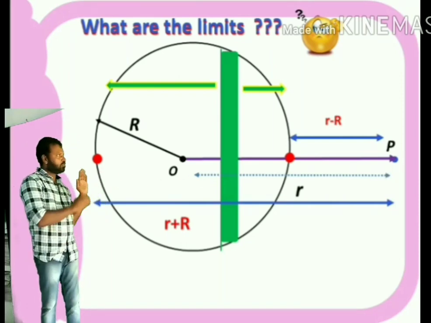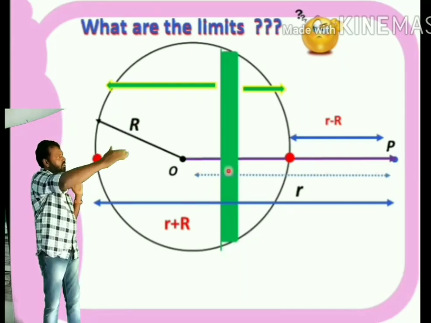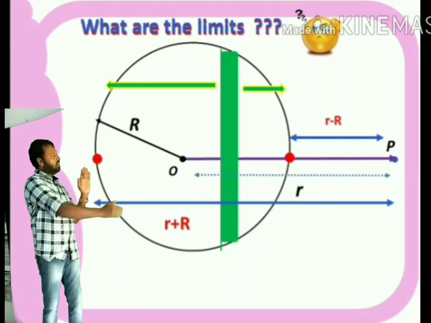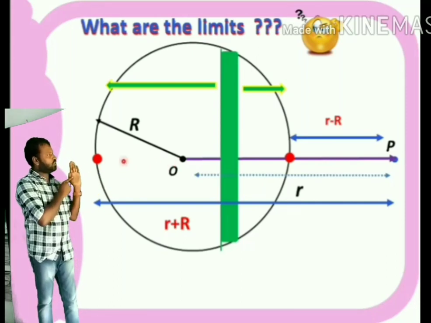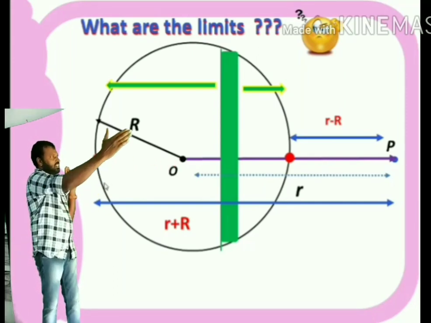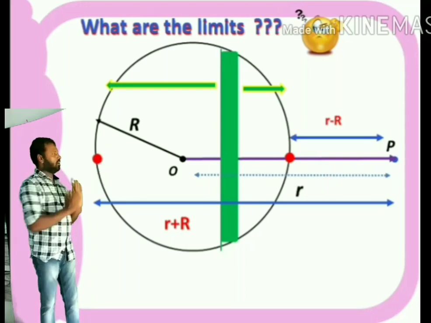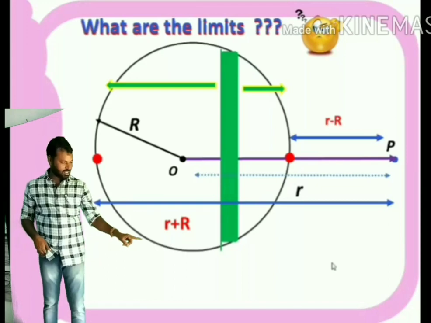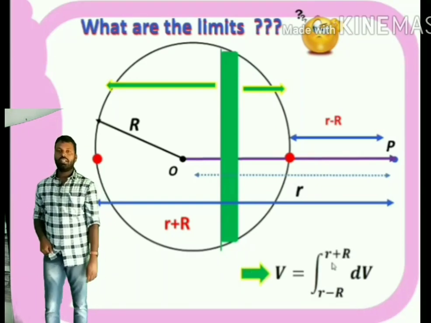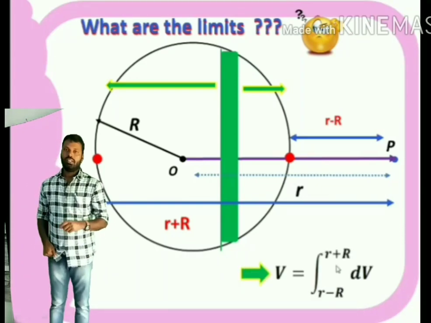So what is the distance between point P and this left end? Actually OP is r, and from the center to here the distance is capital R, the radius. So now my total distance is r plus capital R. So now my limits are small r minus capital R to small r plus capital R.